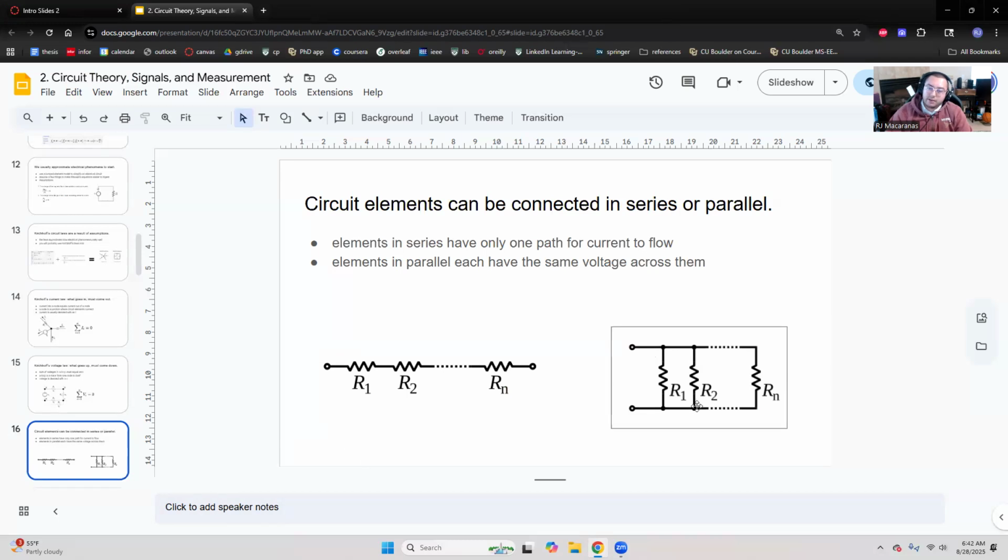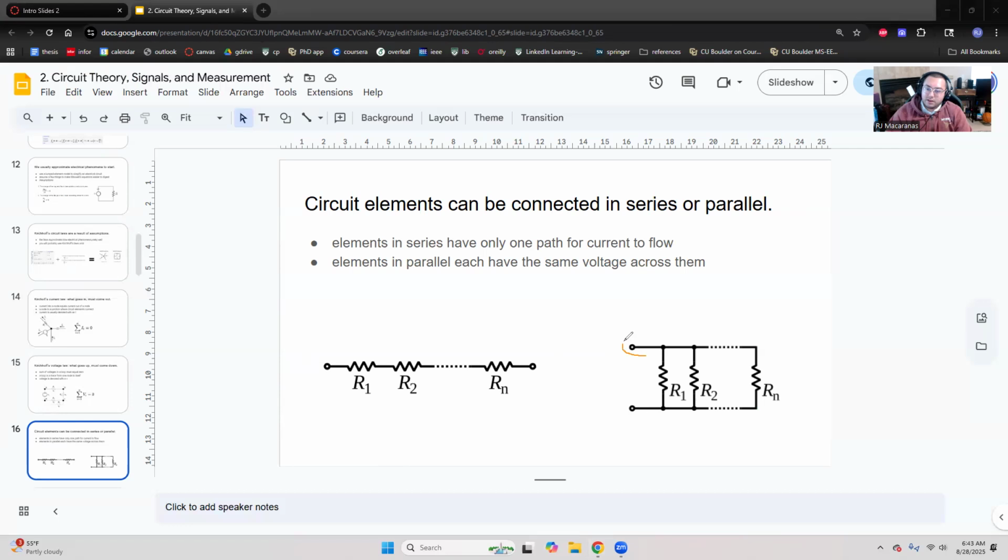When we have elements connected in parallel, you'll see that both of their terminals are connected between the same two nodes. So, for example, I'm going to call this the top node, and you'll see one end of each of those resistors is connected to that top node, and the other end of all of these resistors are connected to this other bottom node.